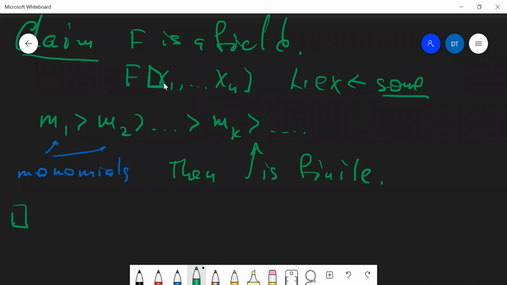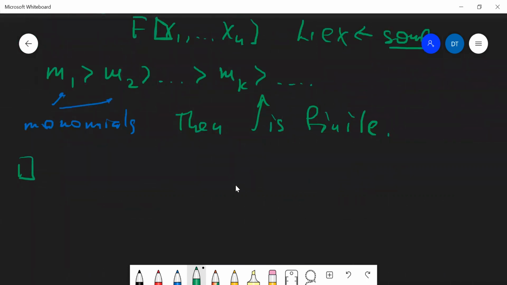But then we can change the names of the variables such that the highest variable is renamed x1, the second highest variable is renamed x2, etc. So this gives you some permutation of variables, but after this permutation, you may think that the lexicographical order you're given is just this one.